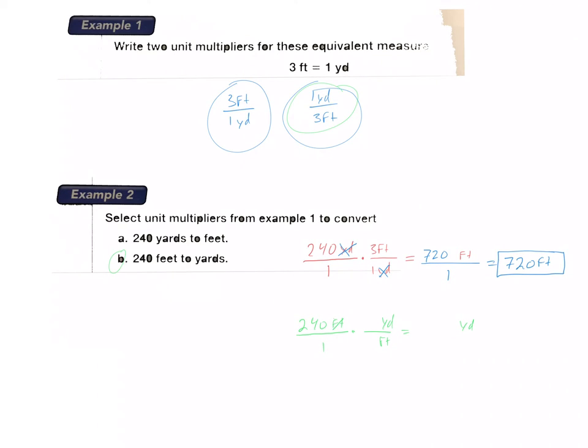So my feet will reduce with these feet, and then 3 goes into 3 one time, and 3 goes into 240, 80 times. So then I have 80 times 1, which is 80, and I have those yards still on top. On the bottom I have 1 times 1, which is just 1, which simplifies down to 80 yards.